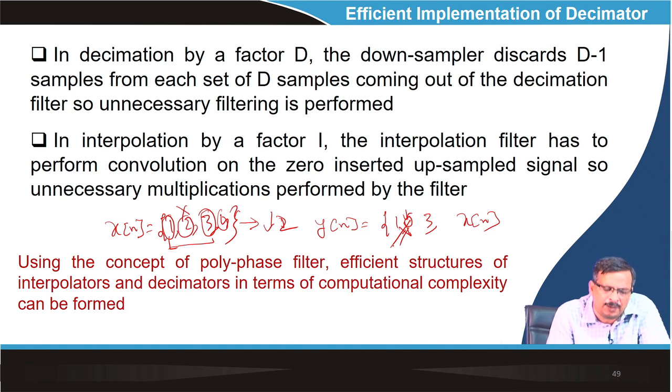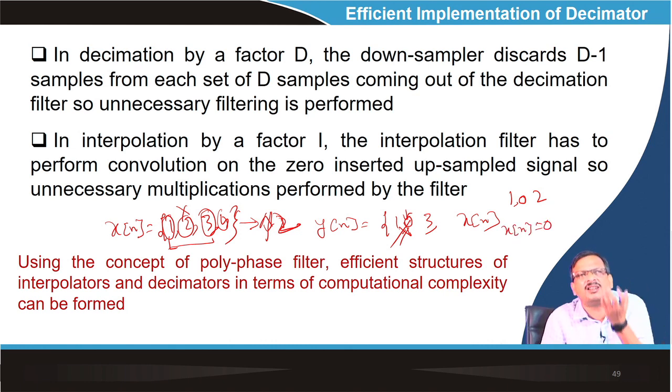Similarly, in the case of upsampling, let us say the upsampling factor is 2. Then what will happen? In between 1 and 2, I put a 0. Now, when I compute the convolution, x of n multiplied by the filter coefficients, if the x of n value is 0, then why should I include that part in the convolution?